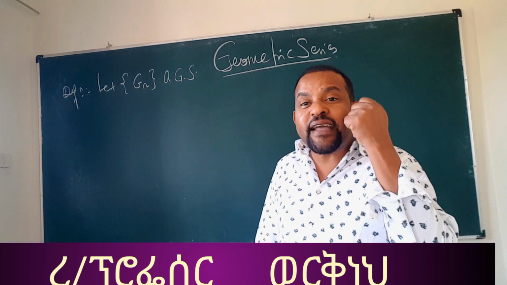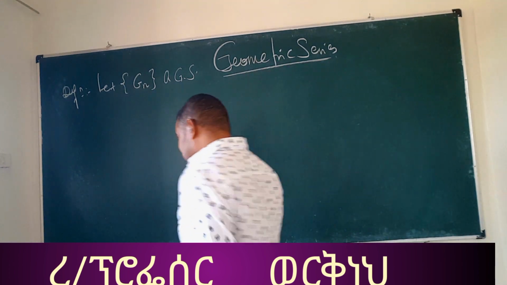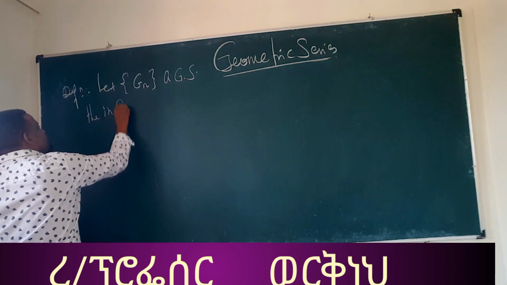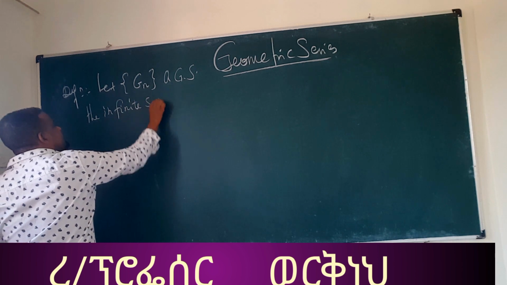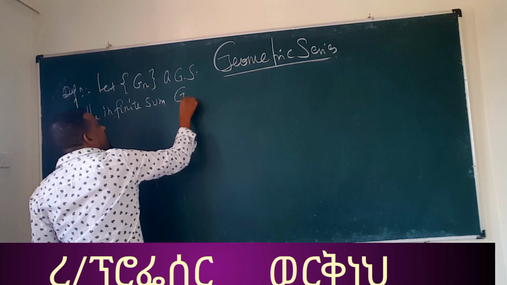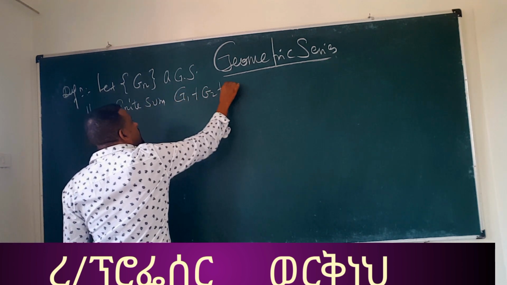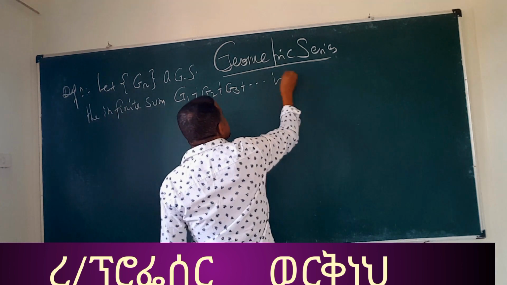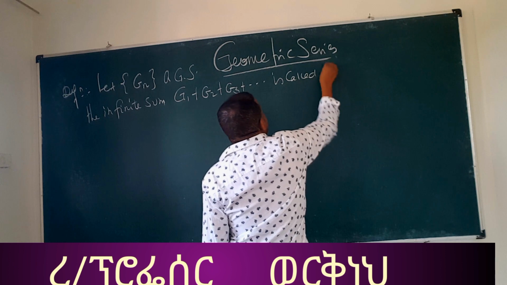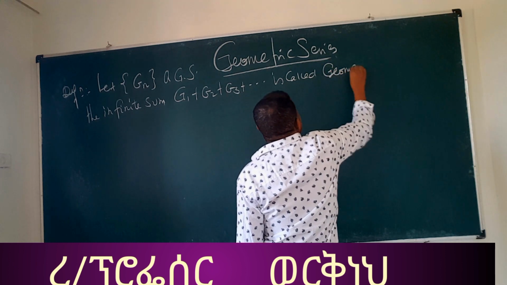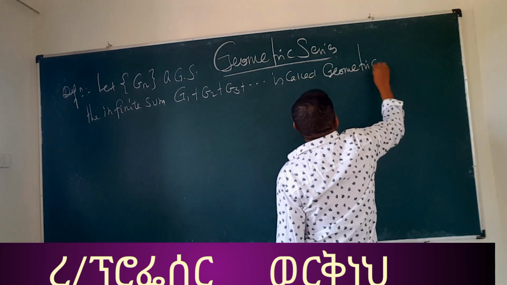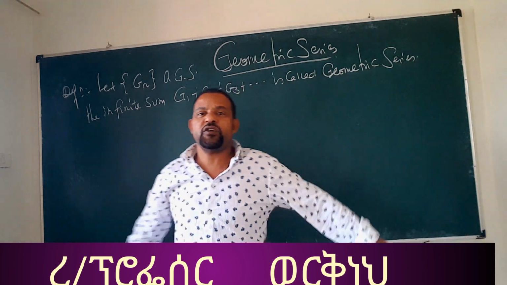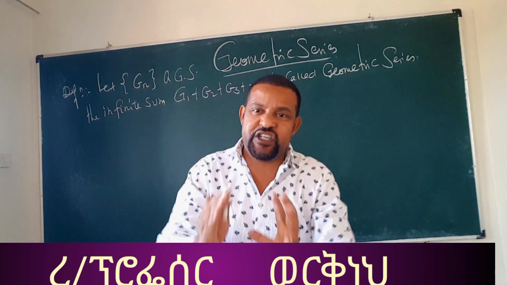The infinite sum of the terms of this geometric sequence, which is G1 plus G2 plus G3 plus etc., is called a geometric series.